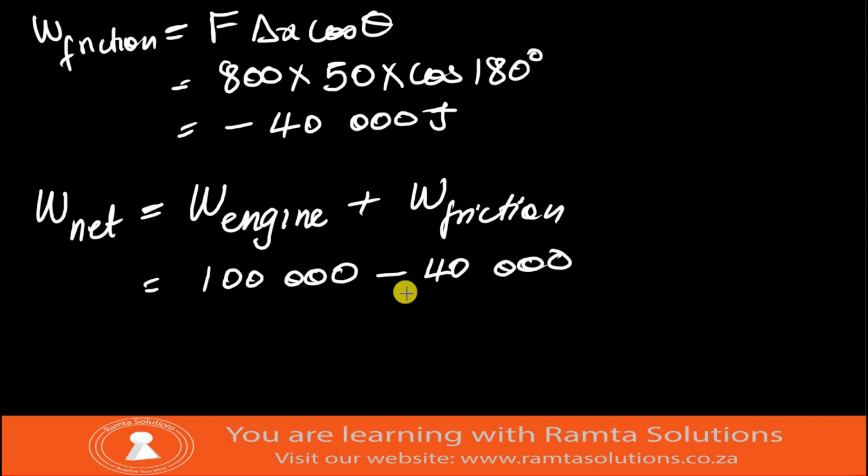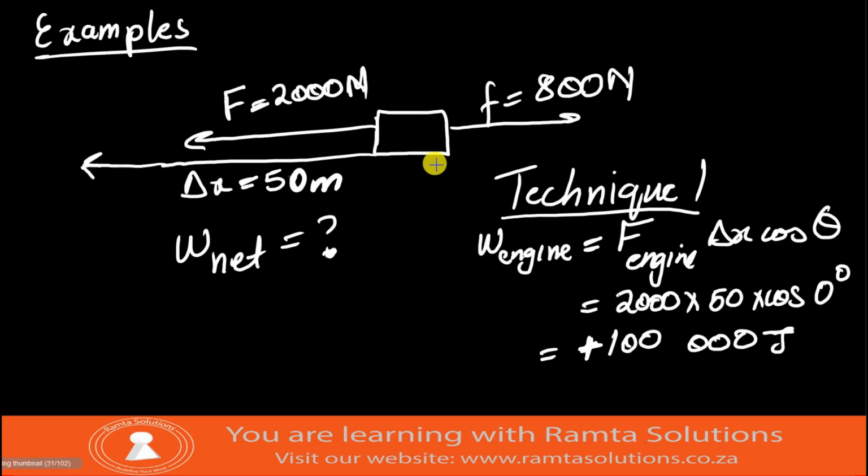Our answer is therefore positive 60,000 joules. It means positive work is done, which means the energy of the vehicle as it's moving is increasing. Remember, our example was a vehicle.